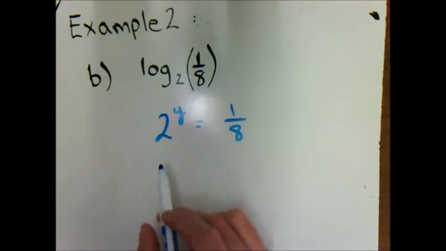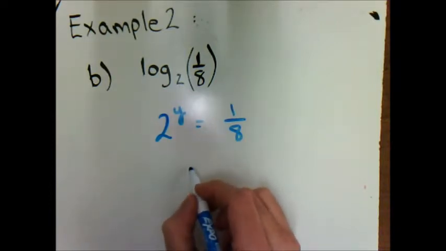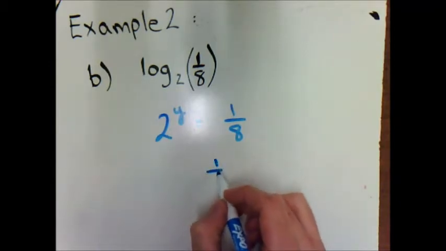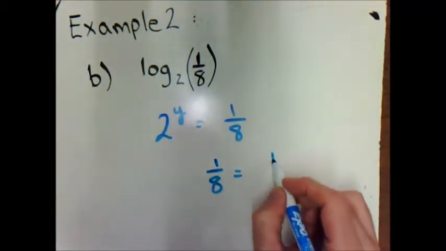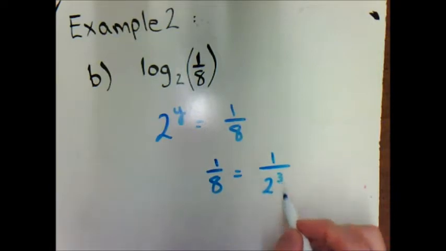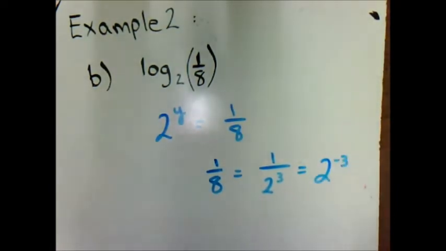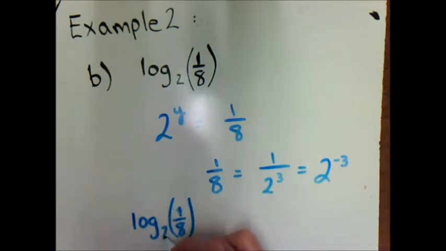So if I know my rules of exponents, I know that 1 over 8 is equal to 1 over 2 to the power of 3, which is equal to 2 to negative 3, which tells me that the log of 1 over 8 to the base of 2 is equal to negative 3.